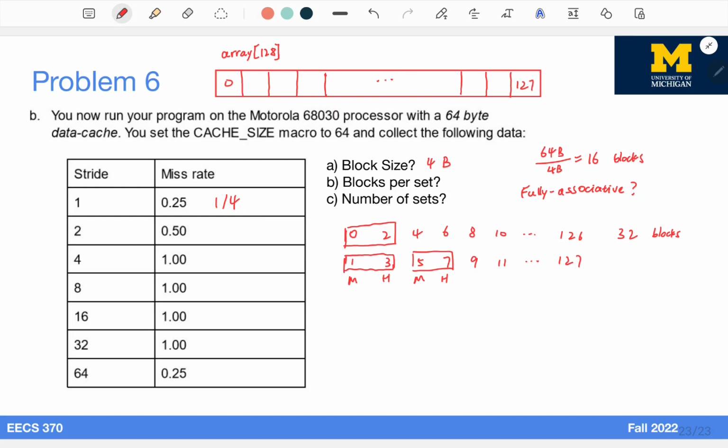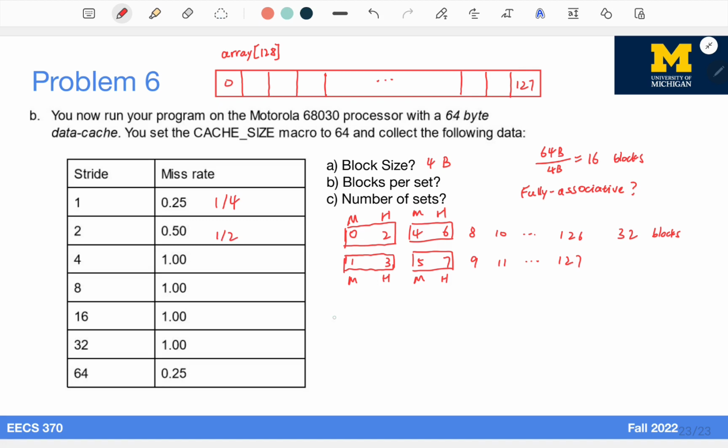And not to mention, in the first iteration, we should have a miss and a hit in every block. Therefore, from this assumption that it's a fully associative cache, we will have a miss rate of 1/2, which is consistent with the question. So our assumption is still okay at this point.